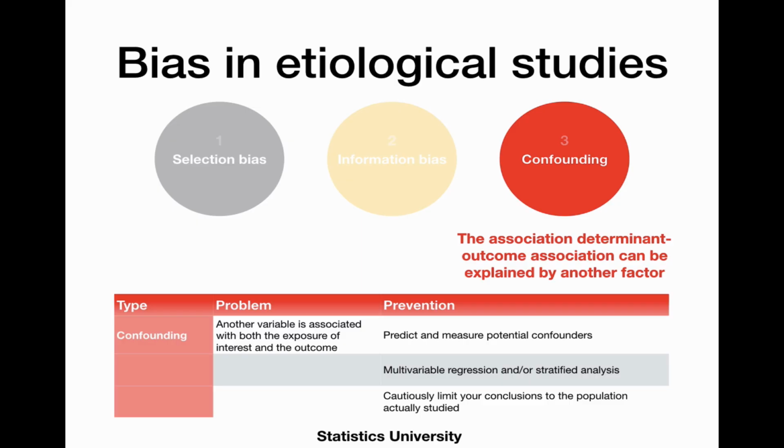We should definitely make a list of potential confounders ahead of time and measure them if that's possible in our cohort study, and then use a multivariable regression and/or stratified analysis to try to adjust for confounding, and obviously cautiously limit our conclusions to the population that we actually studied.